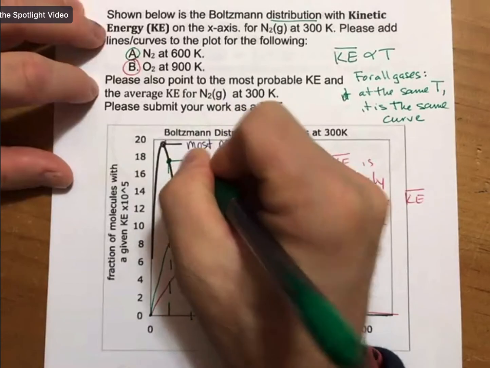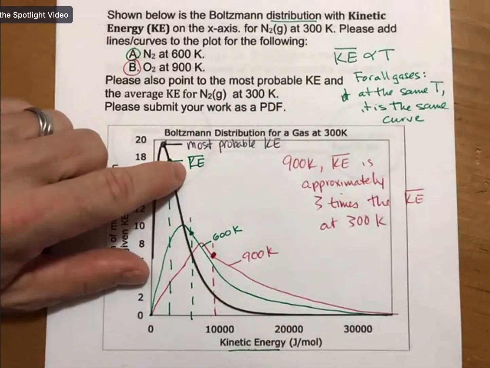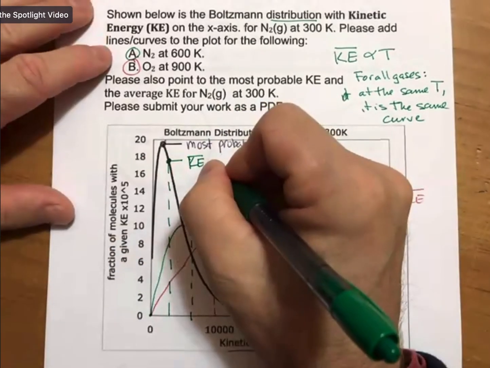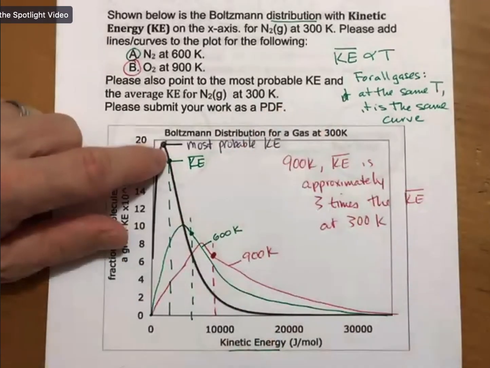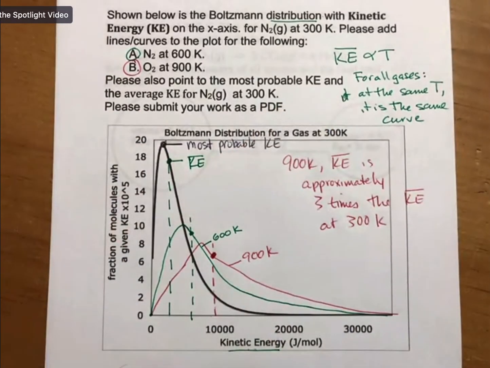And for average kinetic energy, you can just do KE bar. Right, and that's my 300 Kelvin curve. So that's this curve properly annotated. Any questions about that? Okay.